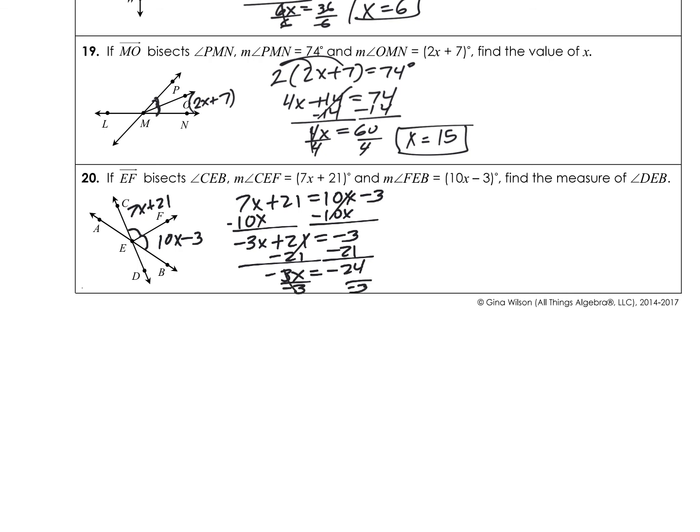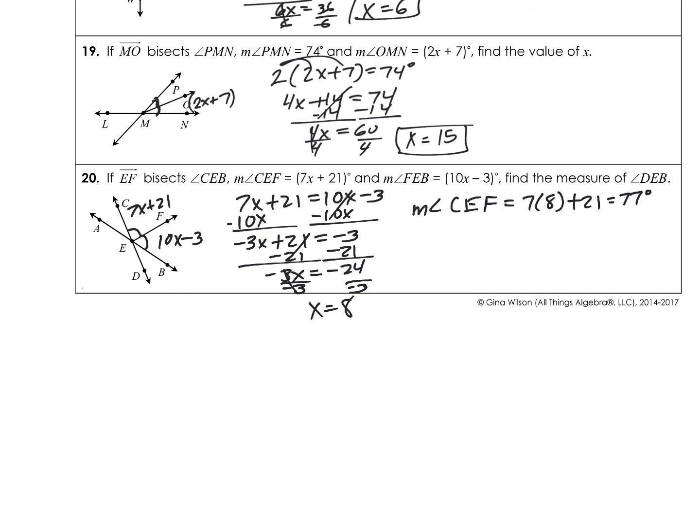X equals 8. If x equals 8, then I can substitute in for the measure of angle CEF. And 7 times 8 plus 21 equals 56 plus 21, which is 77 degrees.